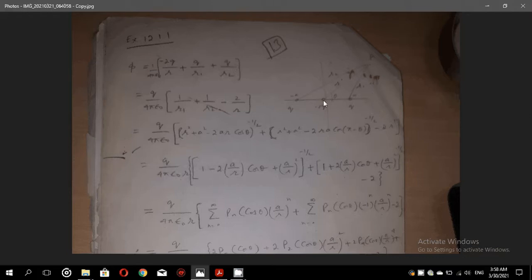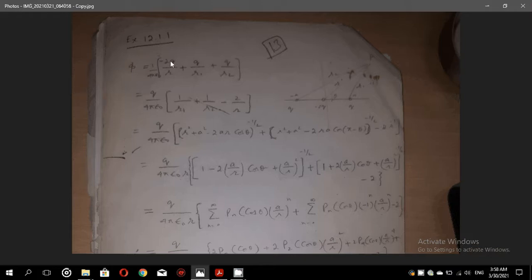This is the minus 2q charge placed at the origin, which has a distance r from P, and the distance of P from q on the right hand side is r1, and the distance of the point P from q at the left hand side is r2. So summing up the potential due to these various charges, we have this equation.